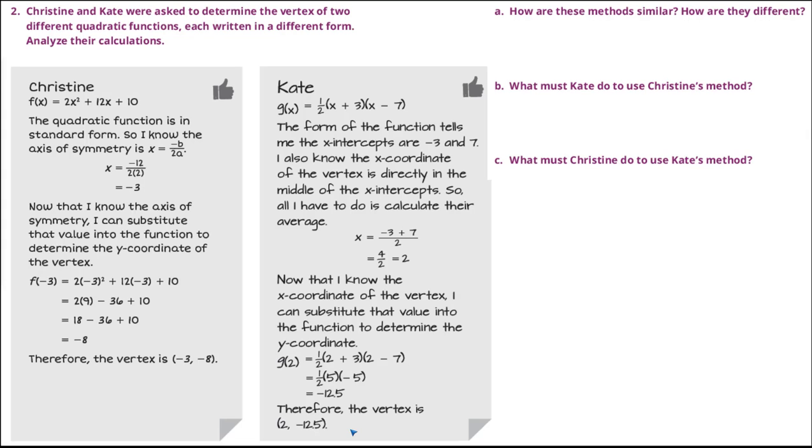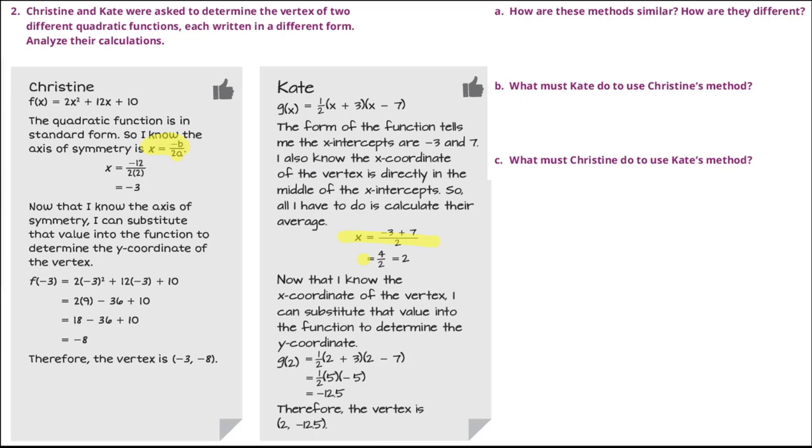I would make sure to highlight and make note of the two formulas that are here, of how you do it. But these two methods are similar because the second step, when you're finding the y value, all you're doing is plugging in.